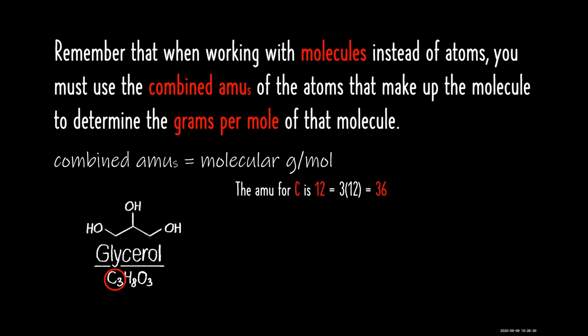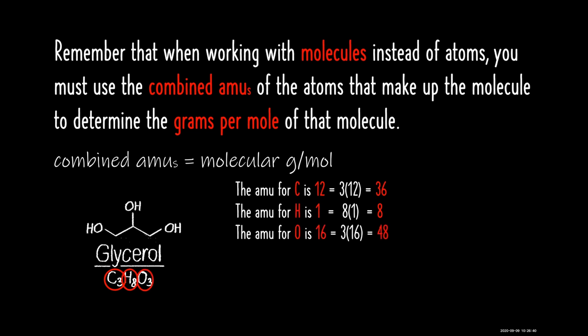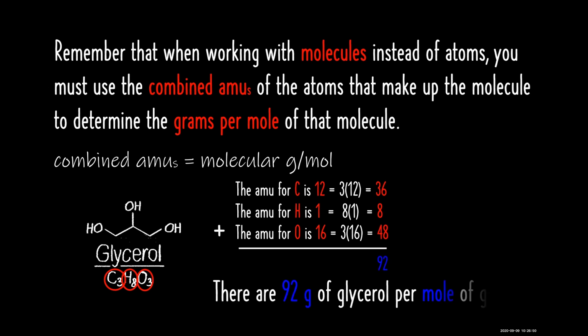The AMU for carbon is 12, and there are 3 carbons, yielding 36. The AMU for hydrogen is 1. There are 8 hydrogens, yielding 8. And the AMU for oxygen is 16. There are 3 oxygens, yielding 48. This gives us a total of 92. There are 92 grams of glycerol per mole of glycerol.